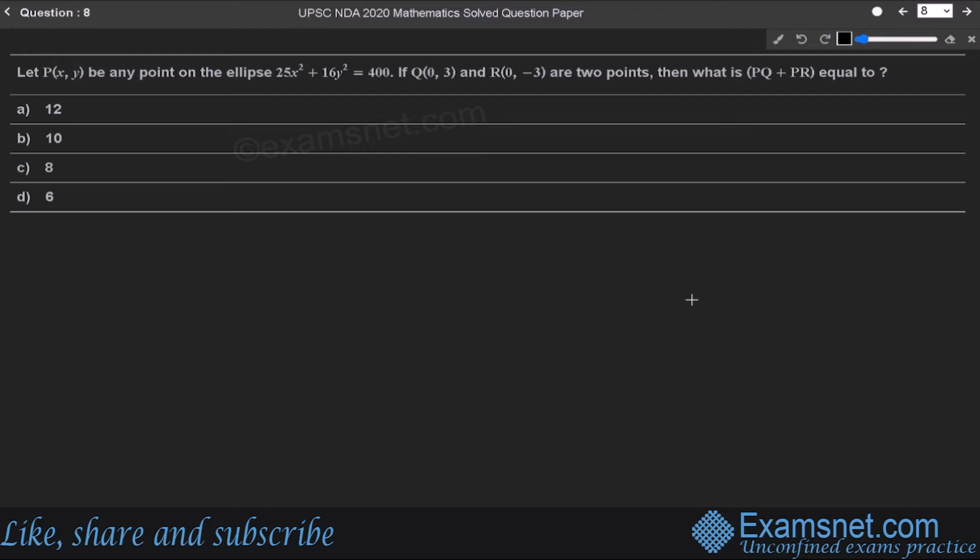This is a question from conic sections, and conic sections are a very important part to cover because so many questions come from this part, and in previous years also questions have come from conic sections. Now let us draw the ellipse.